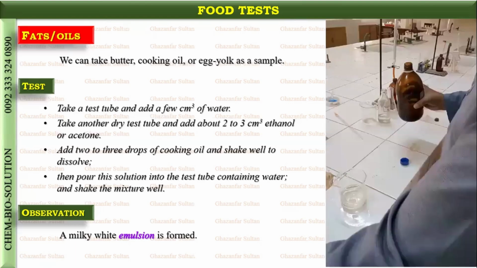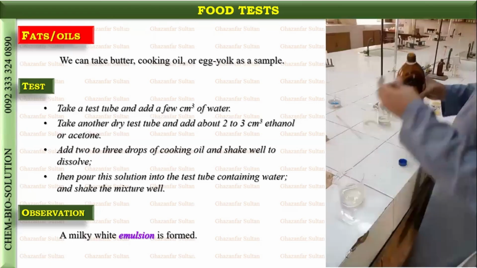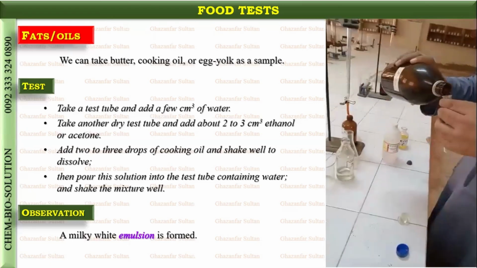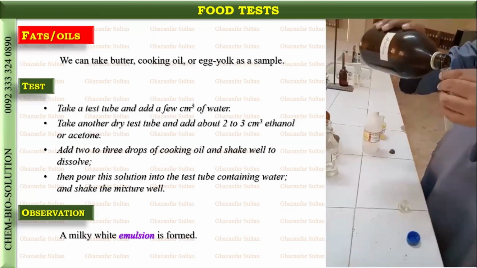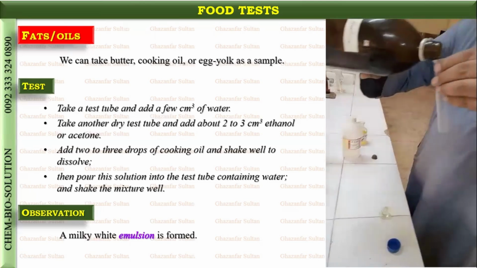Now see, in this video, first we are taking acetone.